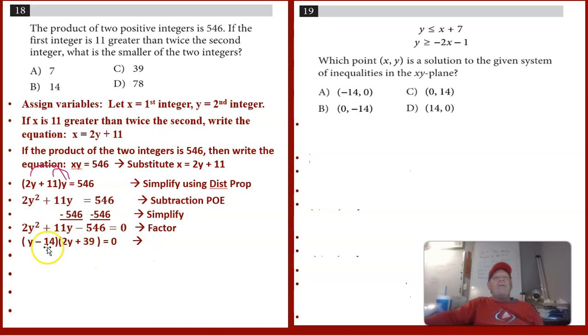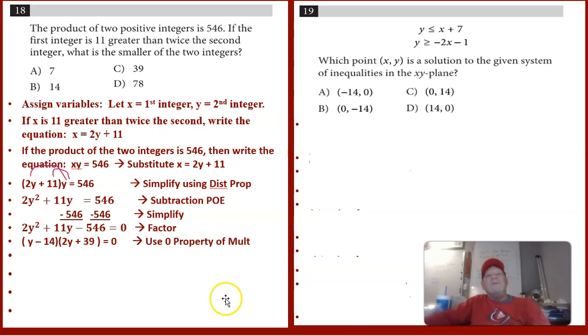Once I do that, and there are videos in my YouTube channel where I explain how to factor, so subscribe and then check them out if you need to review that. And remember, if I were to use FOIL and multiply the first, the outer, the inner, the last, and combine like terms, I would end up getting this expression here.